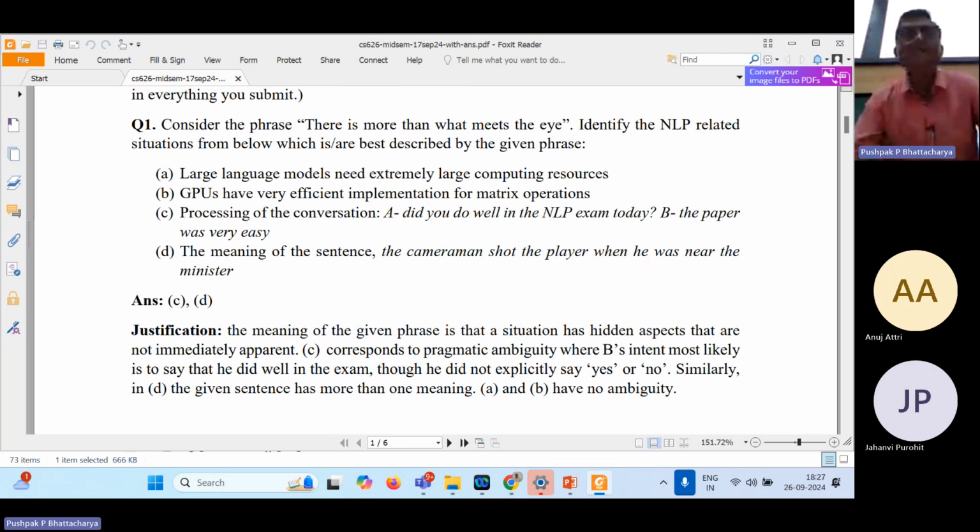Option A. Answer. Okay, what is meeting the eye? Large language models need extremely large computing resources, which is fine. And what is there which is more than what is meeting the eye? Prompt. Where is prompt being said?